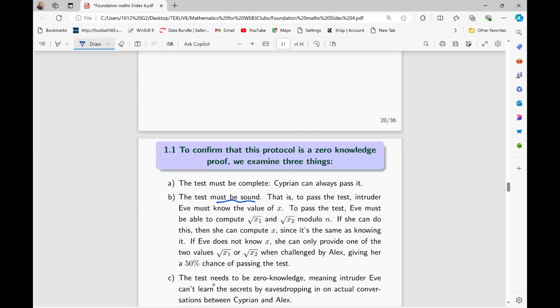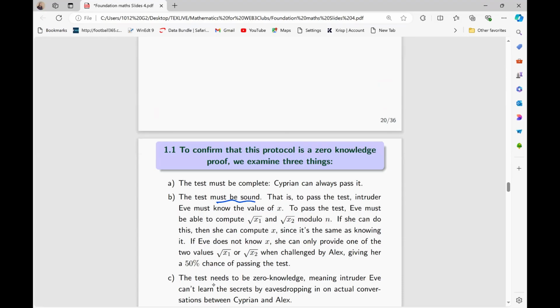When you say that a test is sound, it means that if an intruder comes in to pretend to possess the same knowledge, the same information, this intruder should not be able to completely convince the verifier.